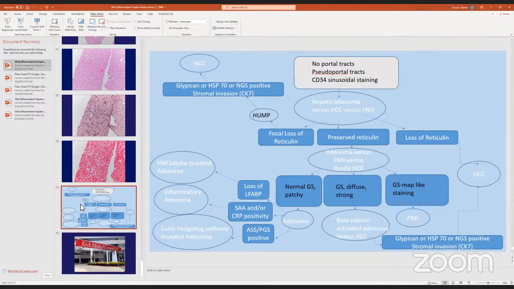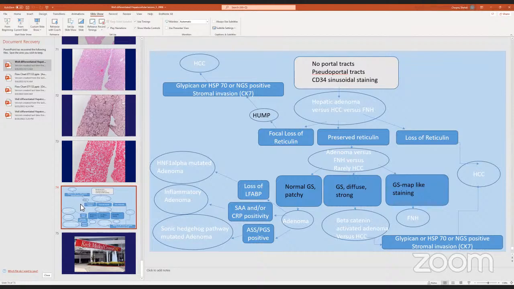Yeah, so for the poorly differentiated tumors, the immunostains you would be doing are a little different. The stains you'll be doing are HepPar, arginase, CK7, once you've established that you're definitely dealing with a liver primary. Say you're sure you have an RNA albumin ISH positive tumor and you're still not sure whether it is a very poorly differentiated hepatocellular or a very poorly differentiated cholangiocarcinoma.